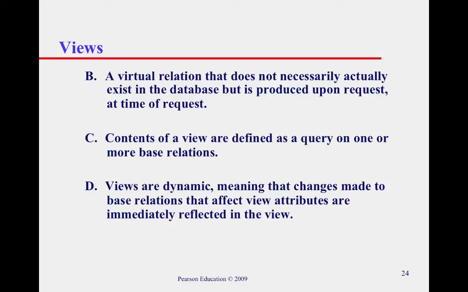They're dynamic, meaning that when a change is made to the base relation, it should immediately affect the view. If the view in any way is affected by the change, then that change should be immediately propagated through to the view. Which means if it's cached, we have to invalidate the cache and reperform the query.